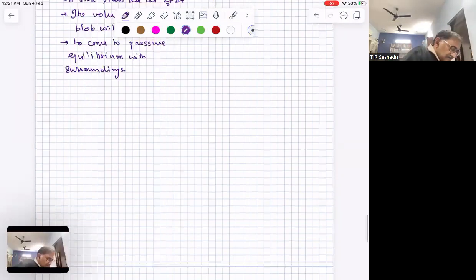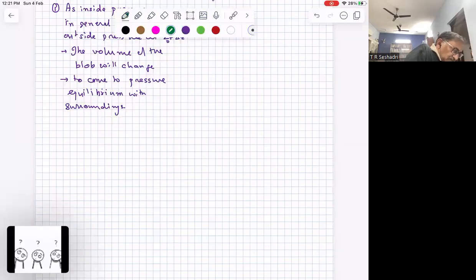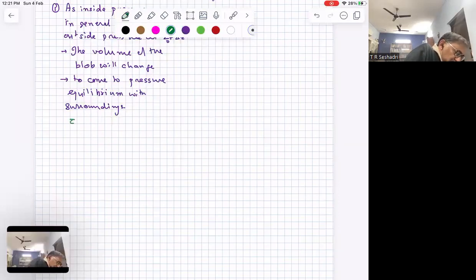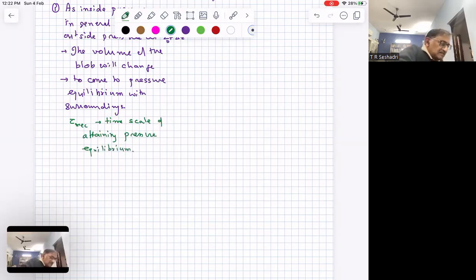Now, suppose tau mechanical is the time scale of attaining pressure equilibrium. In other words, if I change the pressure, how much time it takes to reach a new equilibrium situation, I call it tau mechanical.